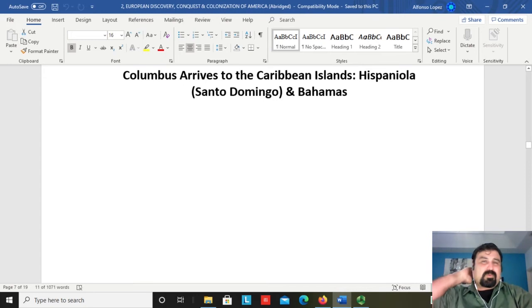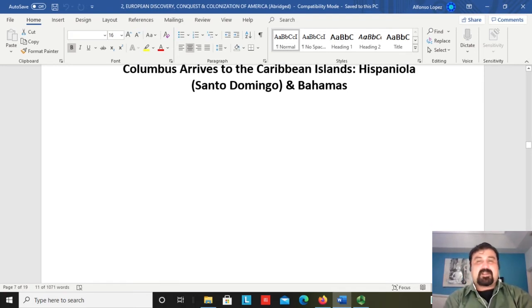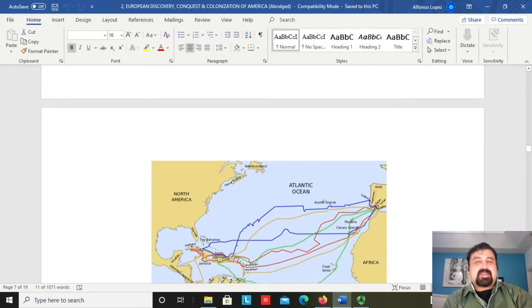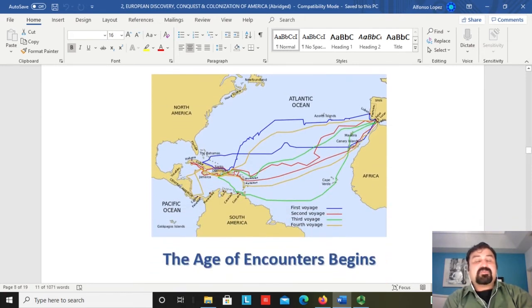He arrived at a group of islands initially that he explored, the islands of Hispaniola, today called Santo Domingo or the Dominican Republic, and also the Bahamas. He's exploring those islands, and he comes back to Spain to give the news that he had found the land that the Europeans were looking for.